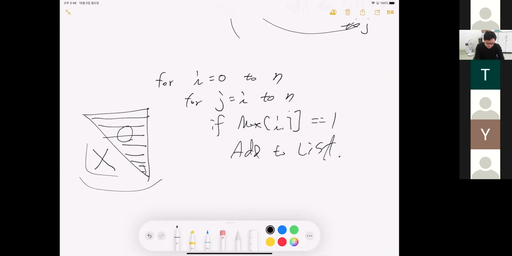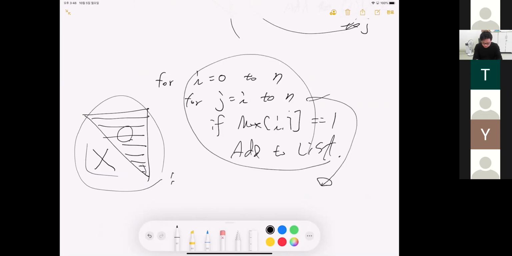So the matrix has a character, so I don't need to fully scan through. The computation is Theta of n squared, but computation-wise it is almost half. Does anyone have a better idea? No?